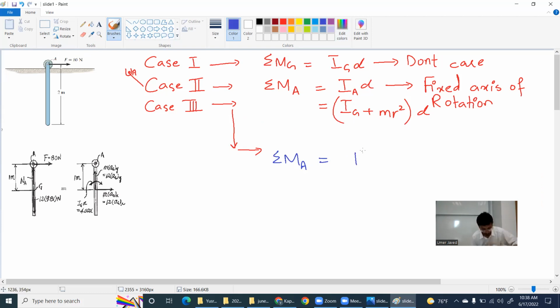One will be IG alpha and the other component will be M AG D. When your point of rotation is also moving, your life will not be as easy as just I alpha. Always you will have an M AG D term.